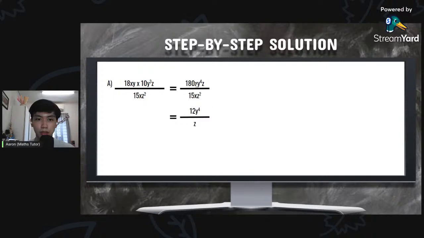Kita lihat ada x dengan x, so x dengan x kita boleh cancel off. We can cancel x and x because they divide together. So the concept is like this. For here, the x is power 1, and below here also x power 1.